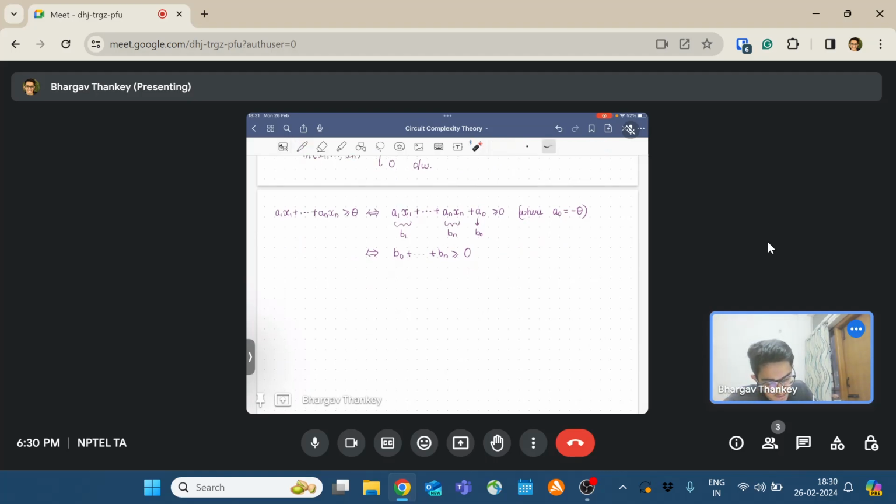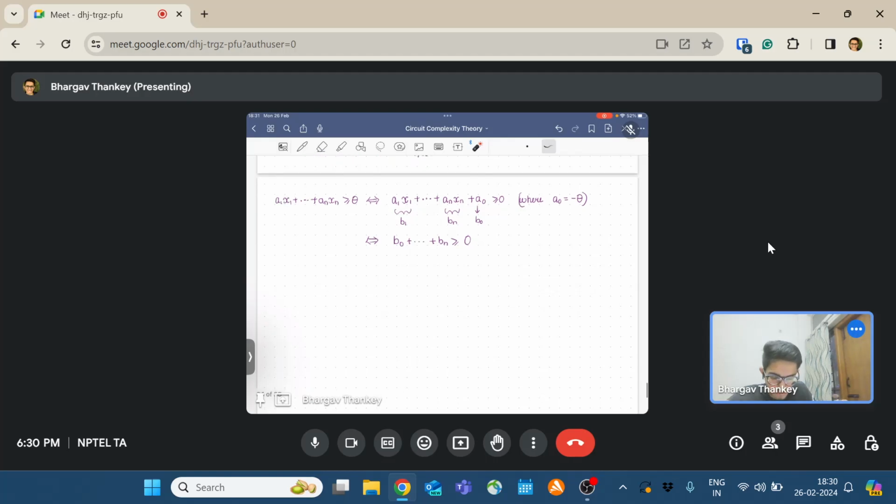Now one way to do it would be just to sum them up and check if the sum is positive or negative, right? But again, you still have to worry about the sign of the sum. So there is a better way to do this, and it's the following.